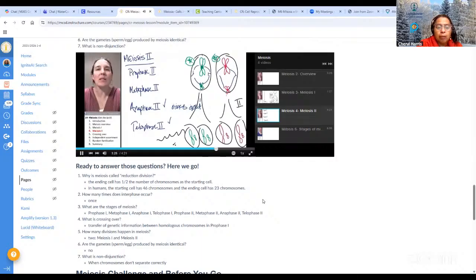Why do we do this? There are some parts of meiosis. Number 1, it gets us a haploid chromosome number. But number 2, there are things that are happening in meiosis that promote genetic diversity. So we're going to look at those things. For 1, we have the process of crossing over. Let's look at that more closely. For 2, we have a process called independent assortment that is significant for producing genetic diversity.